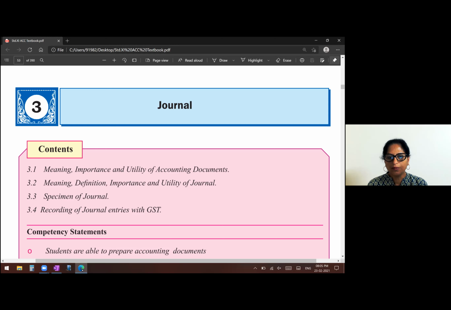The word journal is derived from the word jour, J-O-U-R, which means a day. That means daily transactions are recorded in the journal. If there are 5 transactions on day 1, 10 transactions on day 2, they are recorded date wise.